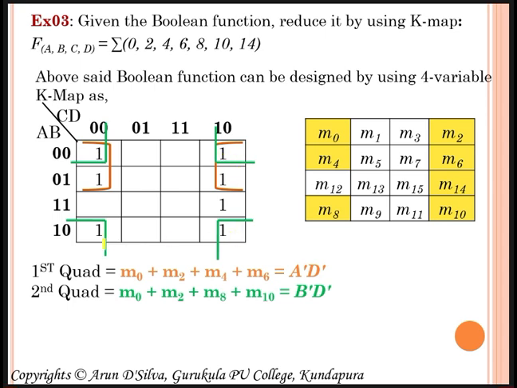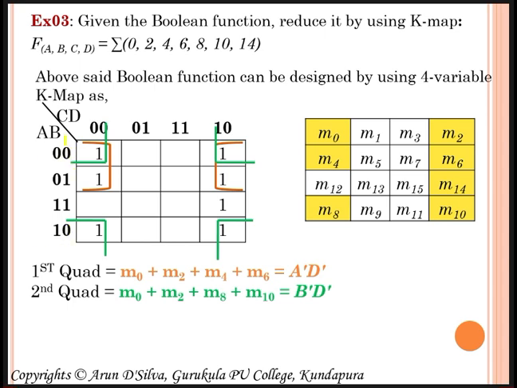Now how to find the reduced minterm of this quad? Now here two rows are involved, the first row as well as the last row. In the first row a value is 0, in the last row a value is 1. So a value changes, so we cannot consider a variable. B value, if you see, value is 0, in the last row b value is 0.